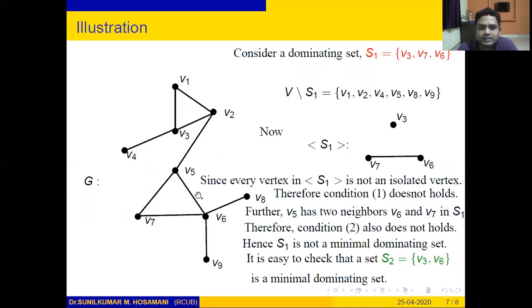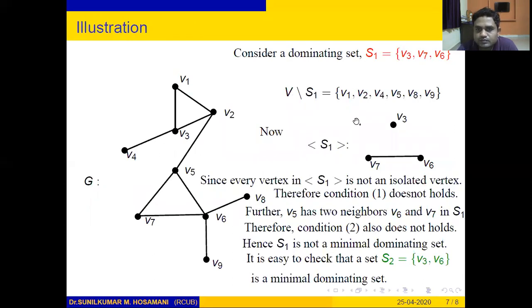Clearly V3, V6, V7 is a dominating set because every vertex in its complement, that is V minus S1, is adjacent to at least one vertex of S1. Therefore S1 is a dominating set. Next, we have to verify whether S1 is a minimal dominating set or not. First I look at induced S1.